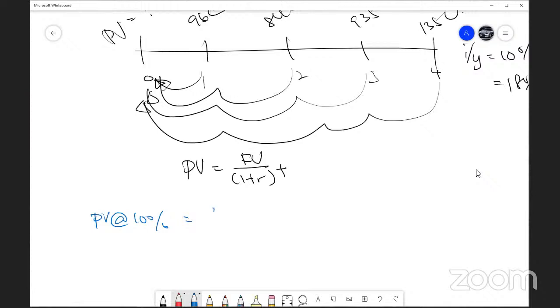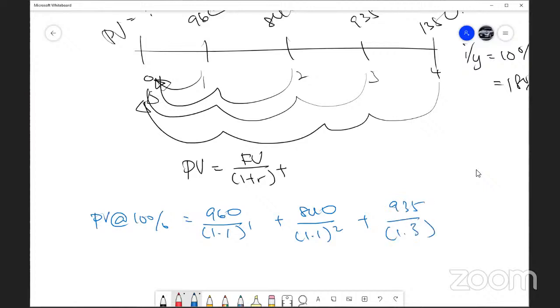Take the first one, 960 divided by 1.1 power of 1, plus 840 divided by 1.1 power of 2, plus 935 divided by 1.1 power of 3. And lastly, 1350 divided by 1.1 power of 4. Total all this up together, you get your present value.